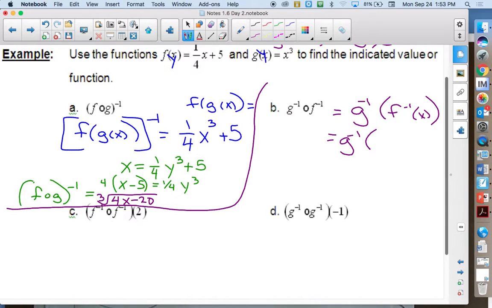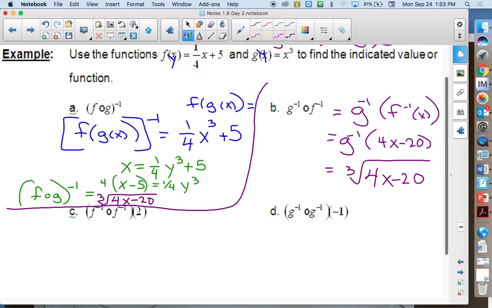The inverse of f was 4x minus 20. We're plugging that into g. So now it's the cube root of 4x minus 20, which is the same as the one right next to it. Not a coincidence. That'll happen every single time. If you have f of g of x and its inverse, it's equal to the inverse of g with the inverse of f.